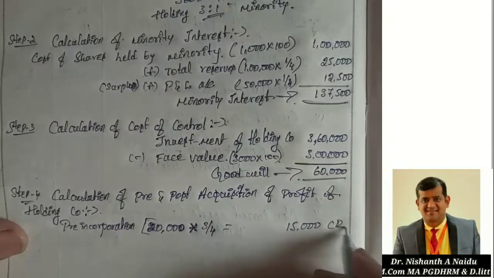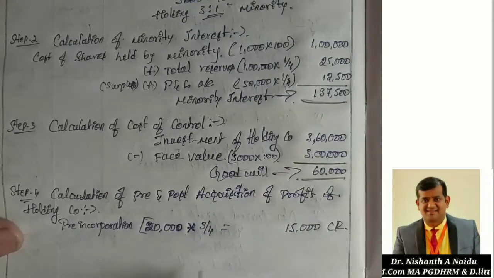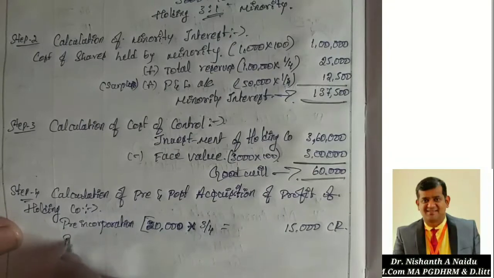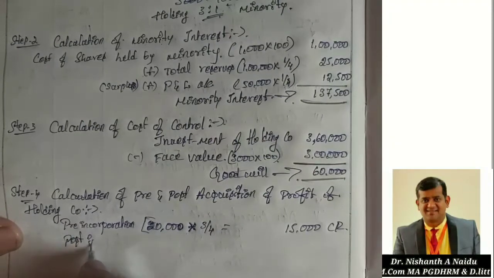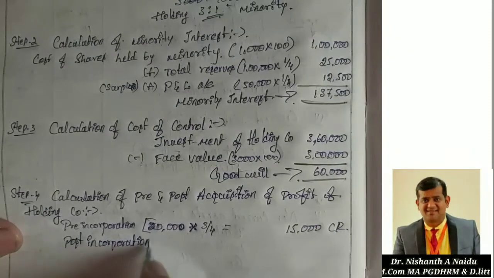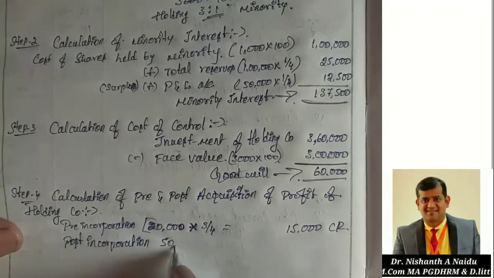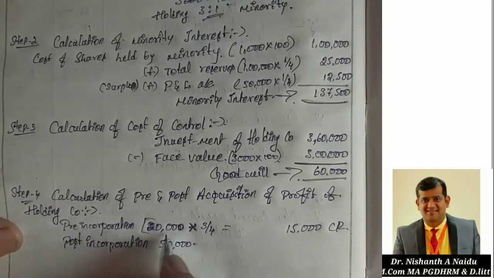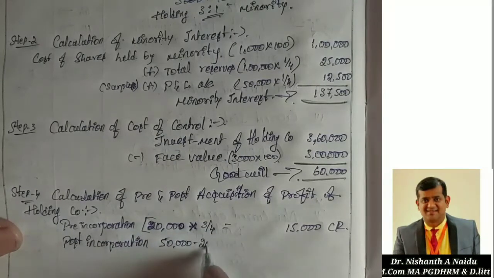So this we transfer to capital reserve account. Okay. So then post incorporation, he has given how much? Surplus 50,000, right? So 50,000 minus this pre-incorporation 20,000.